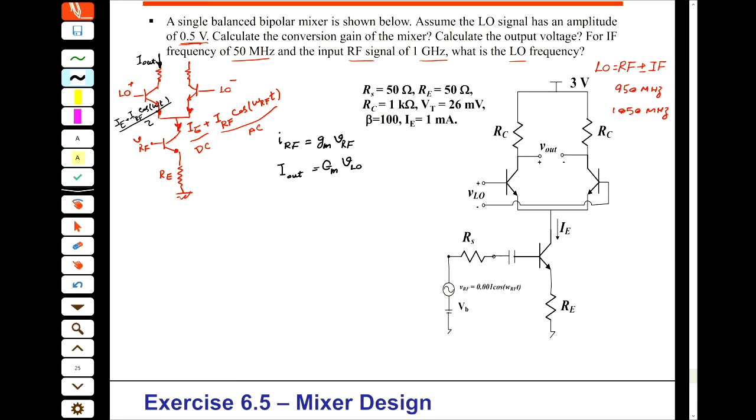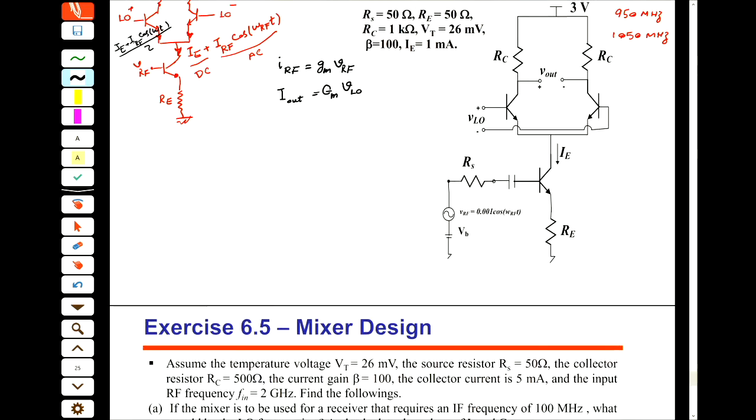And the GM equals 1 divided by 1 over GM plus this Z, I call it ZE.